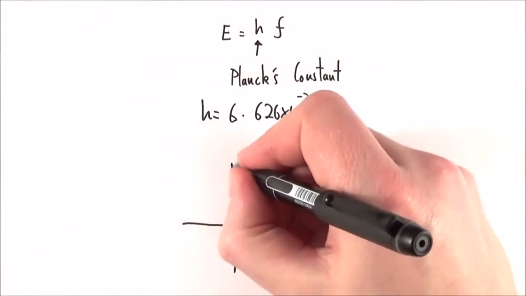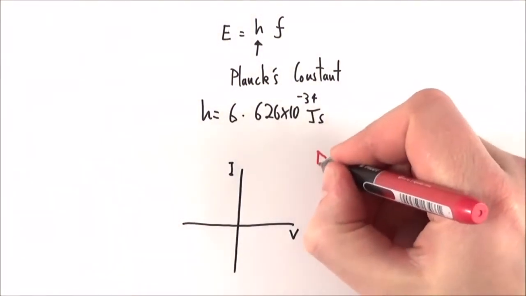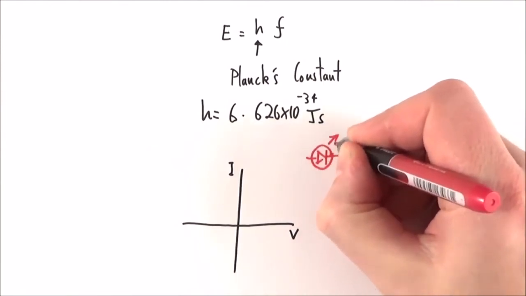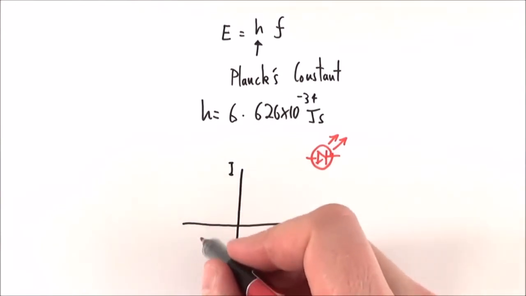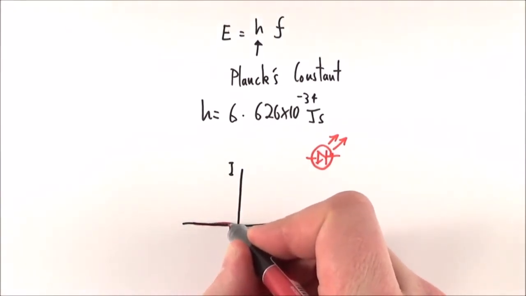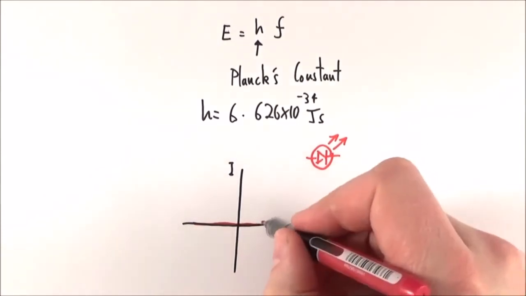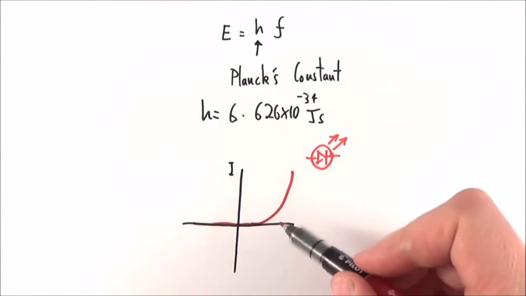So this graph here shows the IV characteristics of various electrical components. If we look at a diode, and it could be a diode or a light emitting diode, it doesn't really matter, so let's go for an LED. What we find is that if there's a negative potential difference, the current it lets through is 0. And there's a certain point at which it suddenly starts to behave as a conductor.